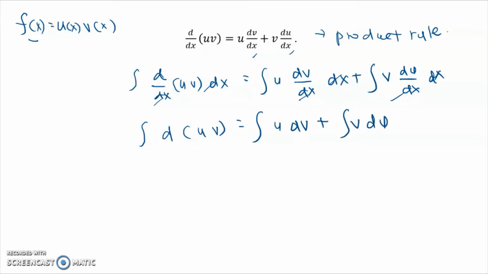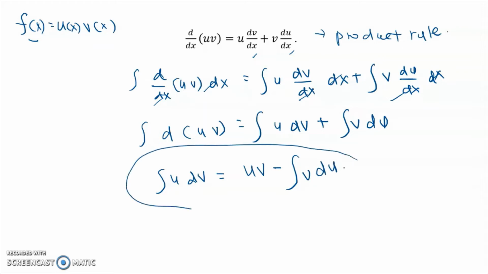If we rearrange the equation, then we have the integral of u dv equal to uv minus the integral of v du. So this is the equation that we're going to use in integration by parts.